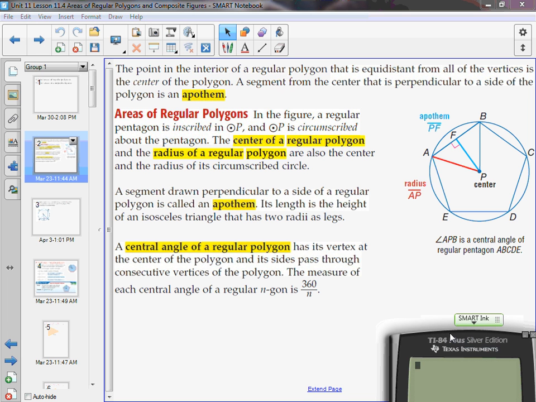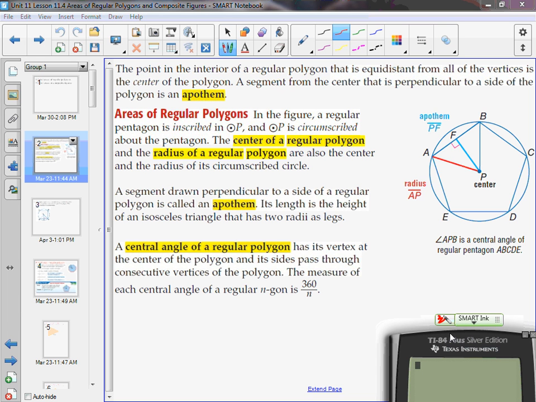All right, now, in the figure at the right, this regular polygon is inscribed in circle P, and circle P is circumscribed about the pentagon. The center of a regular polygon and a radius of a regular polygon are also the center and the radius of its circumscribed circle. So look what that means, okay?